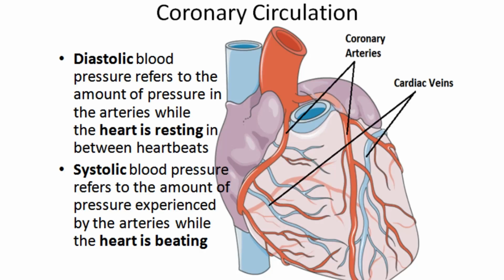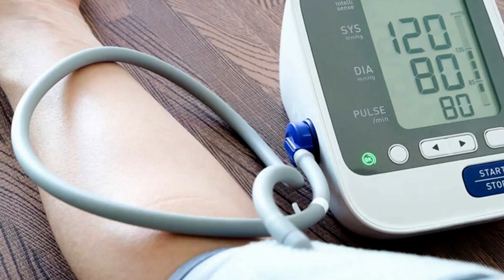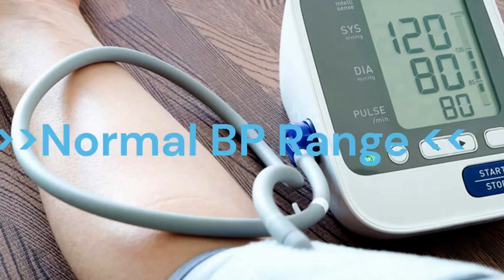Now let's understand what is diastolic blood pressure and systolic blood pressure. Diastolic blood pressure refers to the amount of pressure in the arteries while the heart is resting in between the heartbeats. In case of systolic blood pressure, it refers to the amount of pressure experienced by the arteries while the heart is beating. Have any of you seen the normal BP range?